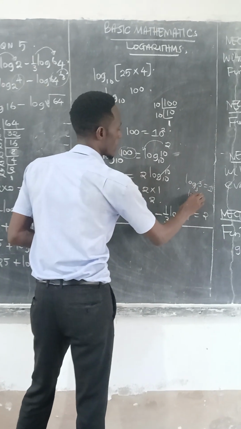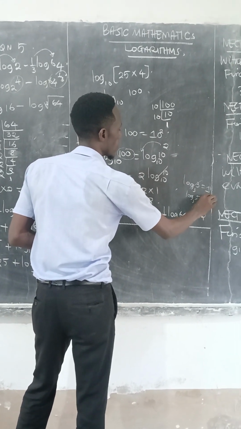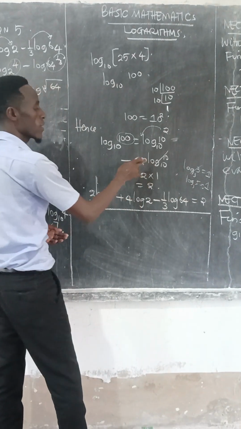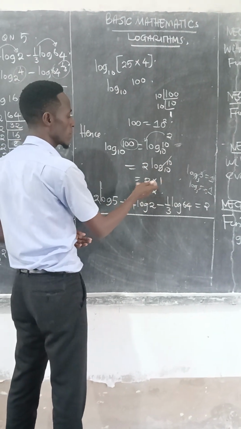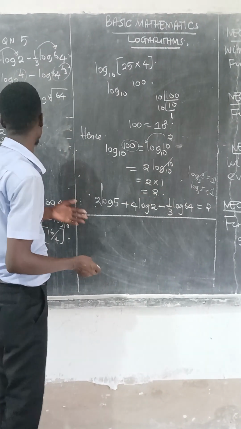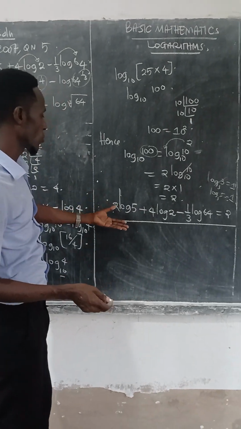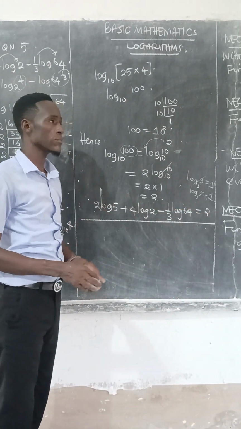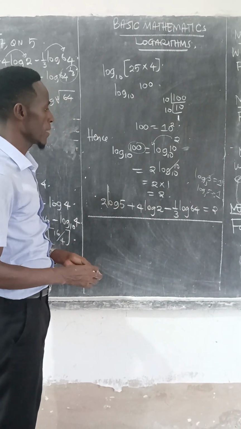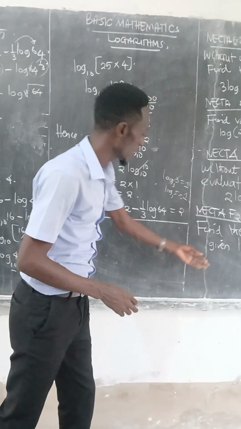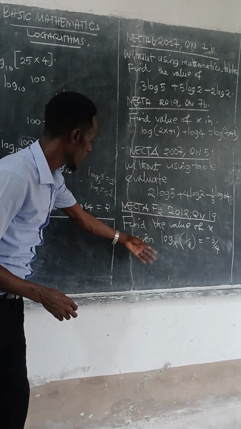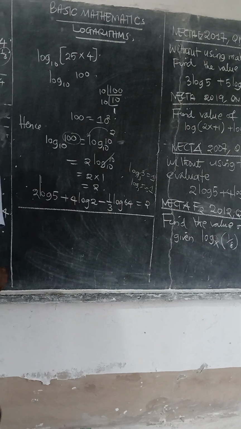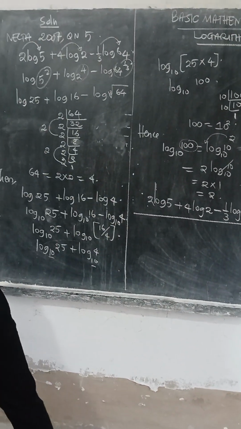Even logarithm of 3 base 3 is equal to 1, and logarithm of 5 base 5 is also equal to 1. So here logarithm of 10 is equal to 1, and 2 times 1 you get 2. So the value of all this is equal to 2. It is easy. But now let us shift to the next kind of question. It's very simple. Let's see.